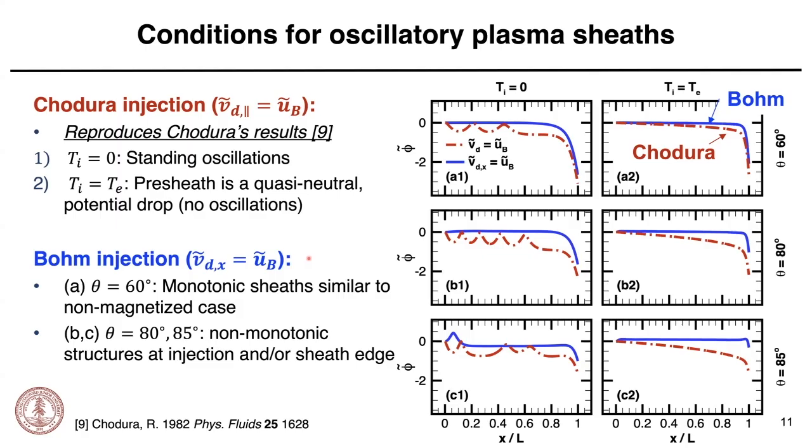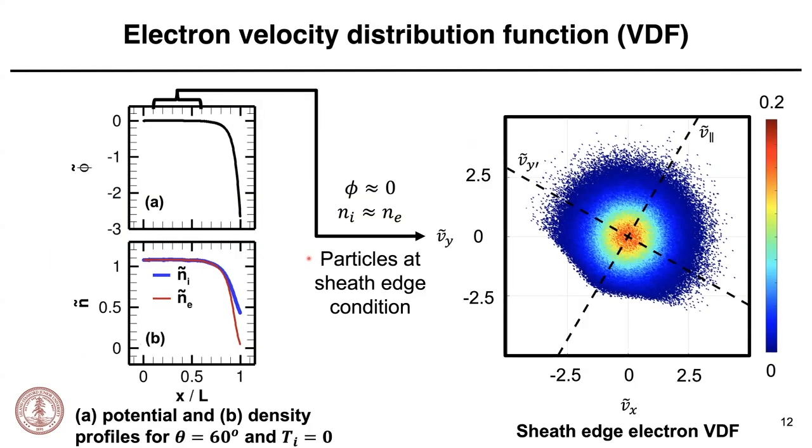And the manner that we're going to do this is by looking at the velocity distribution functions. So basically what we're going to do is take a result. Here was an example of a field angle of 60 degrees. And like I said before, if we look at this region where it's basically quasi-neutral, the potential is close to zero, we can gather all the electrons here, and we can plot its VDF, and we can consider that to be the sheath edge VDF, because as we saw, if it's flat right before this drop off, it's essentially the conditions of the sheath edge.